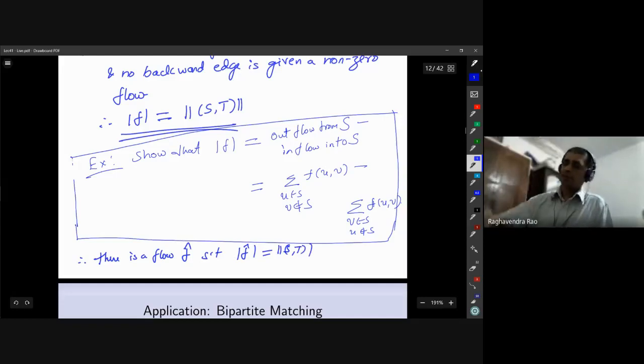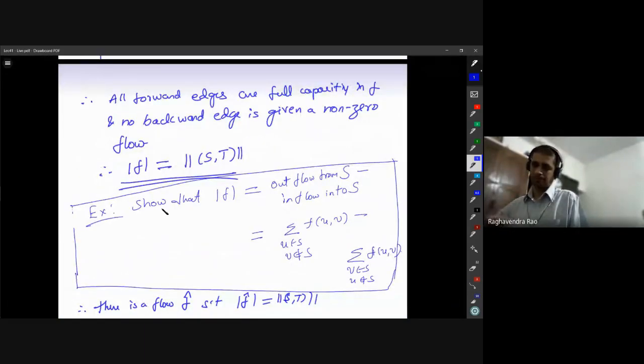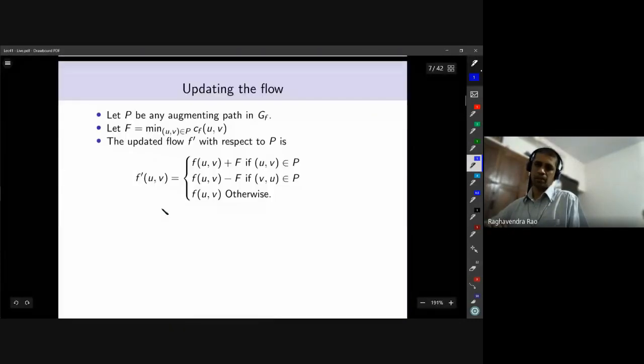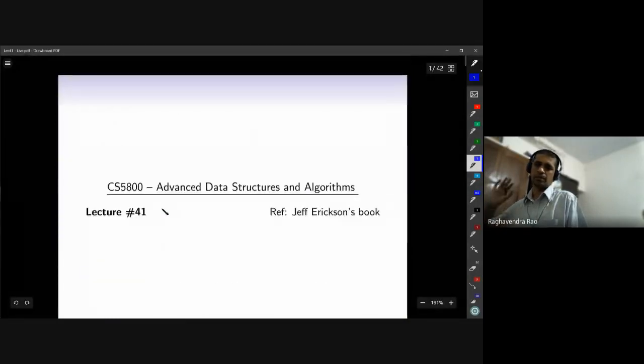Just by iterating this augmenting path argument, we immediately get that we can obtain a flow which achieves the capacity of the cut. That's exactly the statement that we wanted to prove.